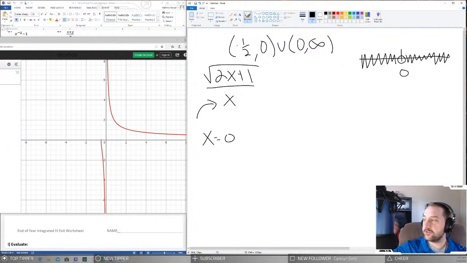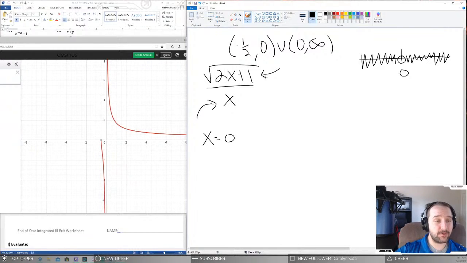Now there's one more restriction, and I'll give you a chance to think about it. Square roots. What can we not have inside of a square root? Negatives, right? So I can't have the square root of -1 or -2 or -10. Now, granted, they are complex numbers, but in terms of real numbers, imaginary numbers are not real.